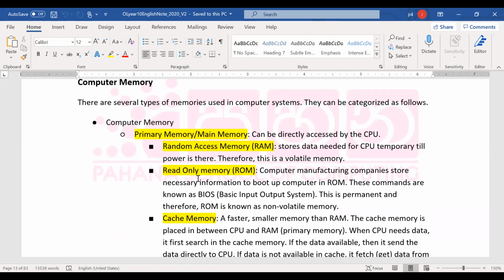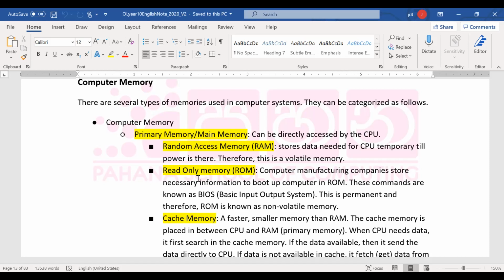But it's a temporary one, because when the power goes off, whatever the content inside the RAM is also erased. As long as the power is there, the RAM can hold any data items, but whenever the power goes off, nothing will remain inside the RAM.